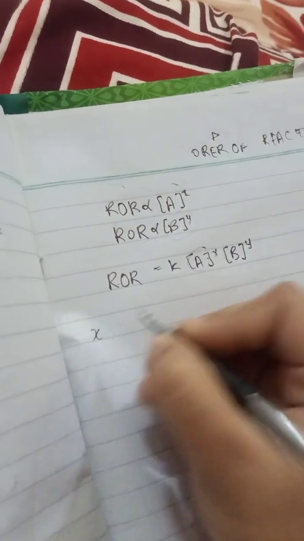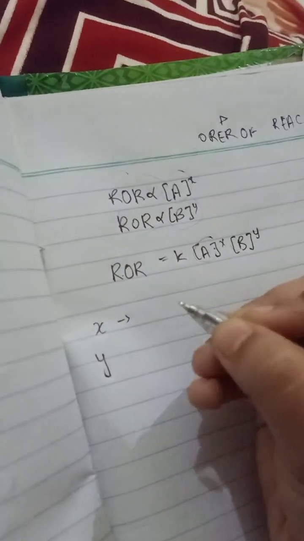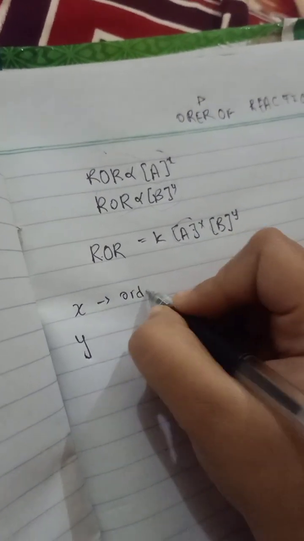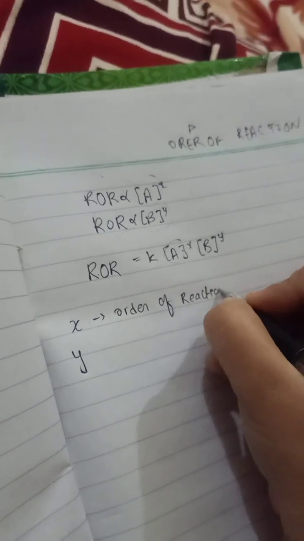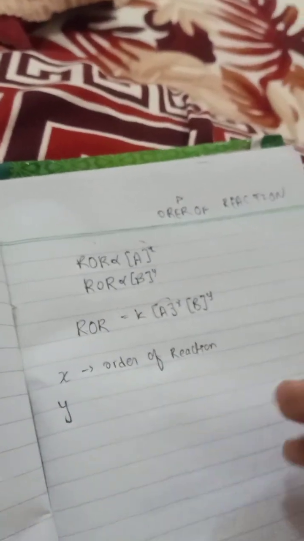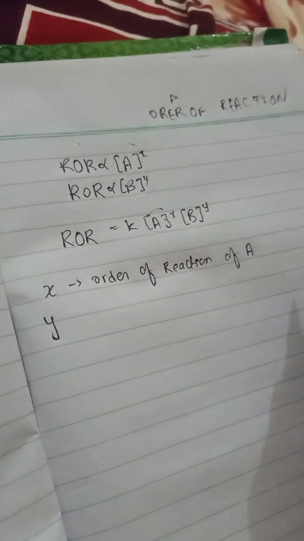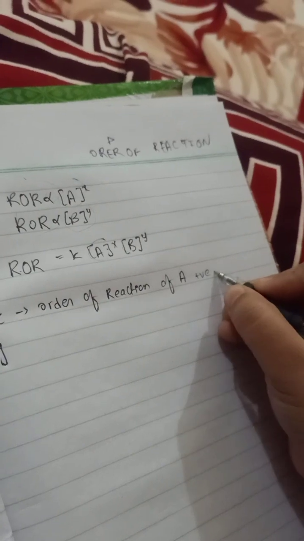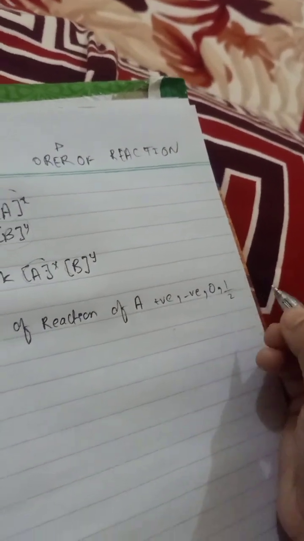If you ask what X and Y are, X is the order of reaction of A. The order of reaction can be positive, can be negative, can be zero, and can be in fractional form too.